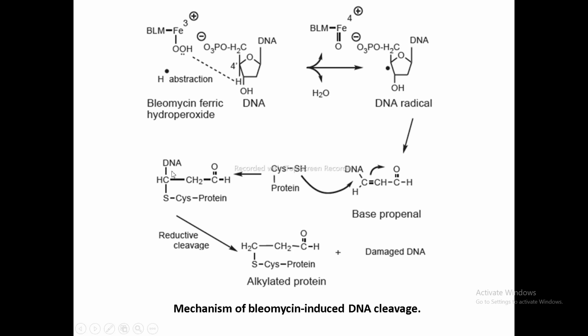So they alkylate the proteins, and the alkylated proteins are then not available for the synthesis of DNA. So the DNA gets damaged because it is not completely formed. They require some proteins, but as the proteins are alkylated, there is less availability of these proteins for the synthesis of DNA. So this is the mechanism of action of bleomycin.